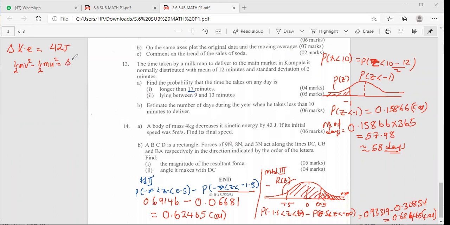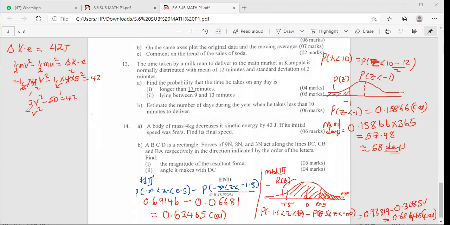This gives a half times 4 times v squared minus a half times 4 times 5 squared, equal to 42. Dividing by 2, we get 2v squared minus 50 is equal to 42.